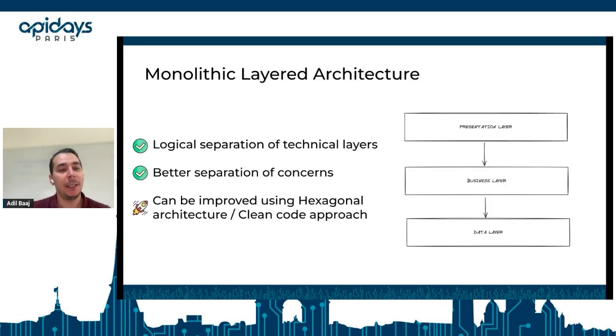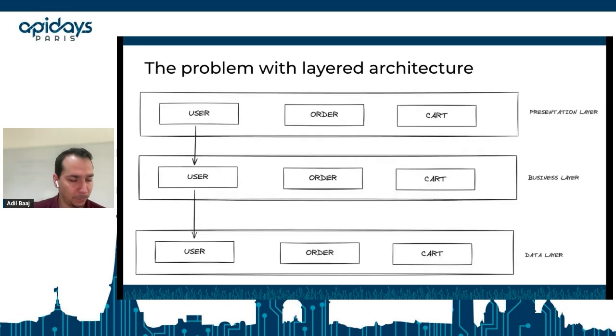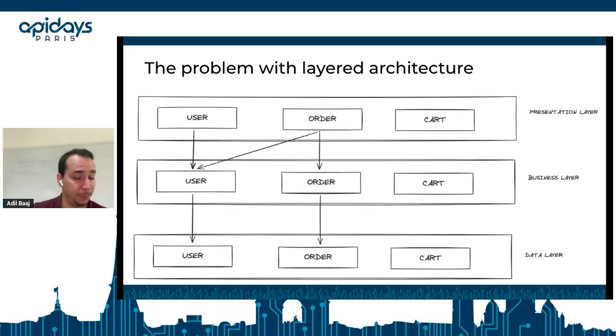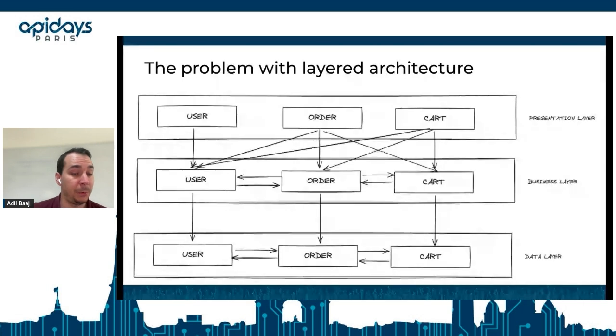One way to enhance the raw monolith is to go for a monolithic layered architecture. We introduce this logical separation of technical layers, which helps us achieve a better separation of concerns. We have this presentation layer, business layer, and data layer. And once again, although in the beginning it can feel rather clean and easy to use, as the code base grows, it can once again become really messy.